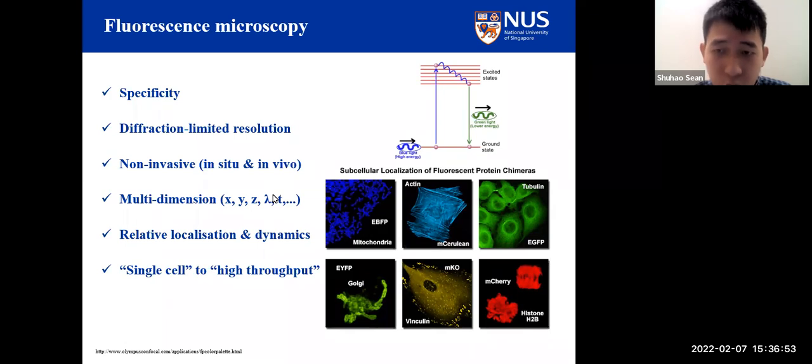We can analyze multiple components in multiple colors using different excitation wavelengths. We can also use it to acquire volumetric images and time-lapse images. Its image scale can also range from a single cell to a very large field of view by switching objective lenses with different combinations.